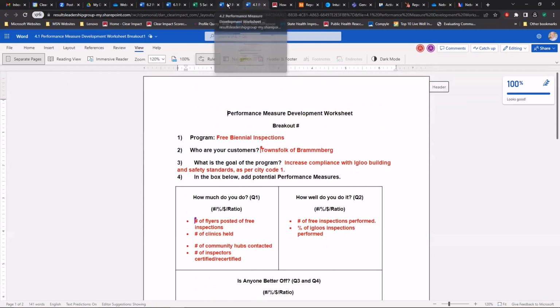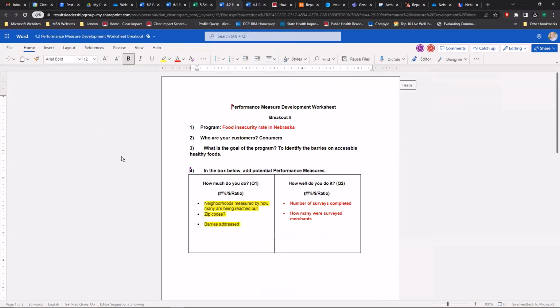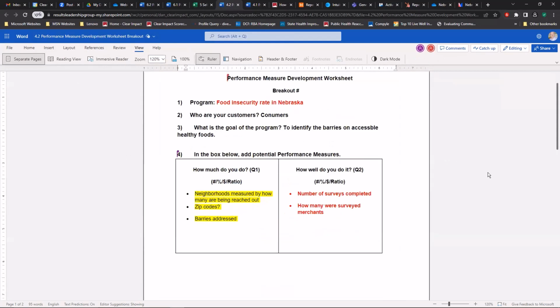All right, so now let's go to group 2, food insecurity rate in Nebraska. Tell us about yours. I guess I'll do that one. So, starting off, looking at our program and deciding on what the goal is and what we want to achieve.